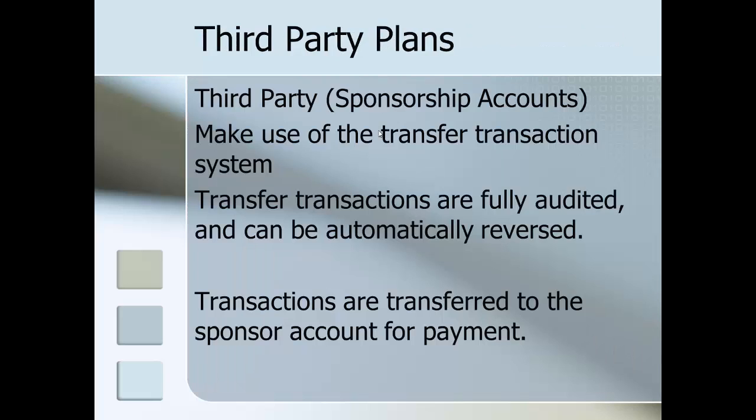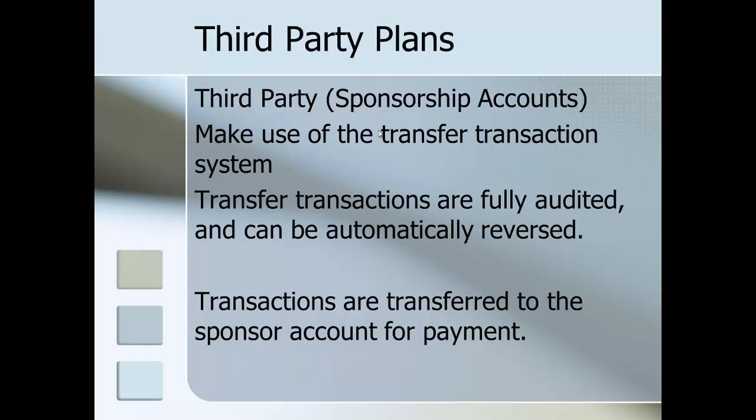The system also handles third-party plans. The use case for this would be a large company who says that for all their employees, they'll make payments for those students. In order for this system to work, we have a whole transfer transaction system, which is a highly automated way of taking transactions from one account and applying them to another account.